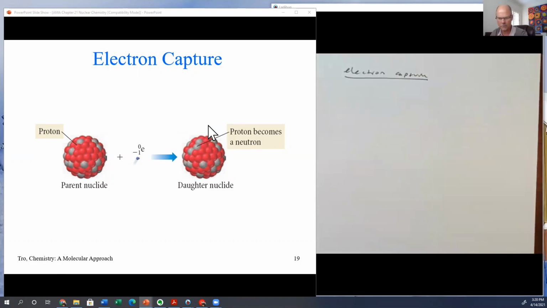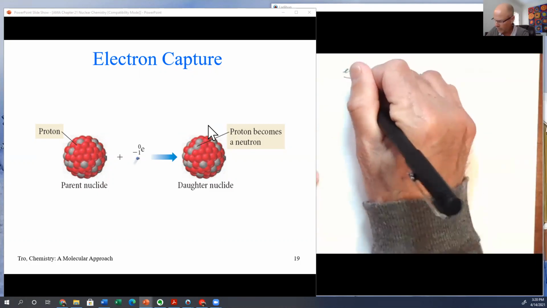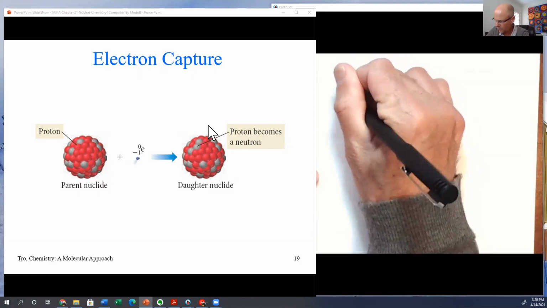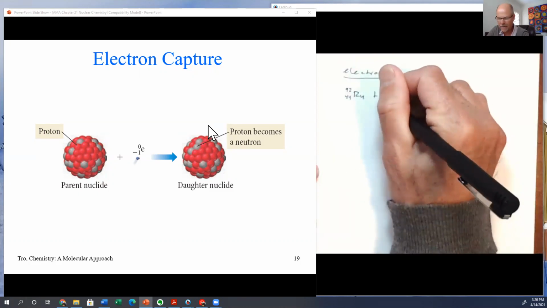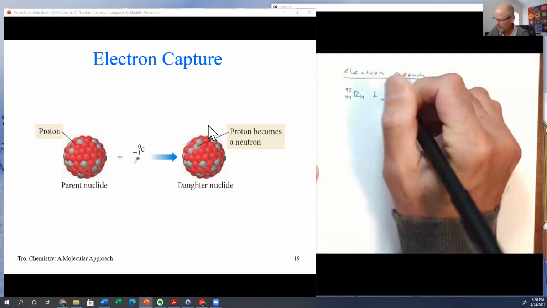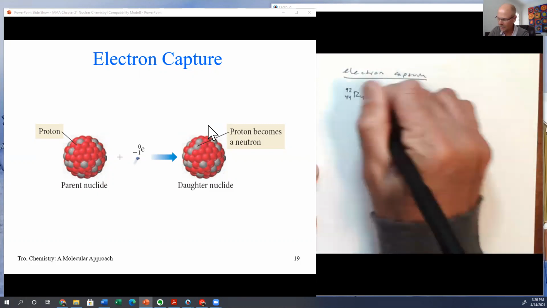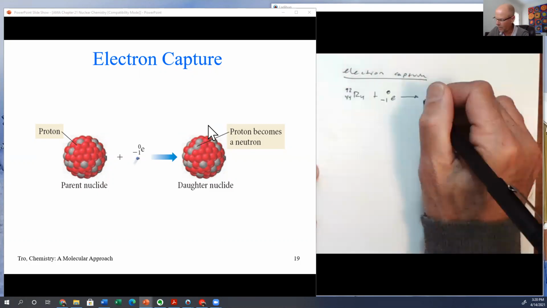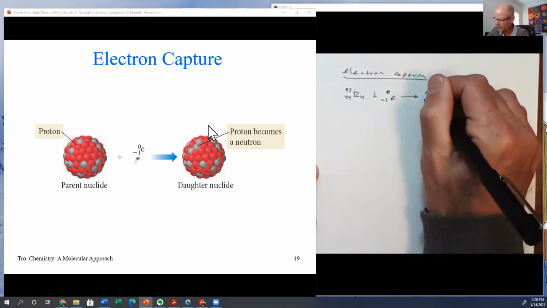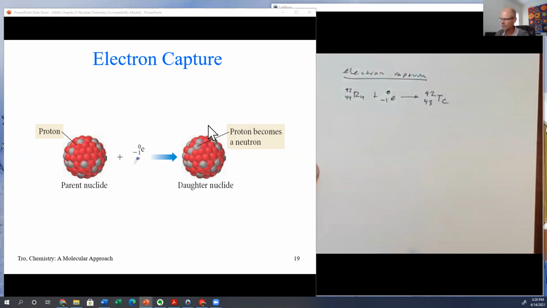For example, we have something like ruthenium-92, 44. And the particle that it captures is on the left side of the equation, because it captures it. Then again, we just do the math to figure out what the daughter is. So 44 minus 1 is 43. This doesn't change. And element number 43 is Tc.